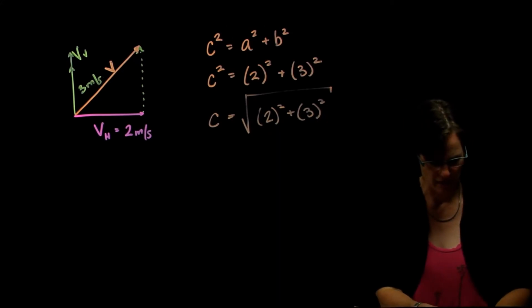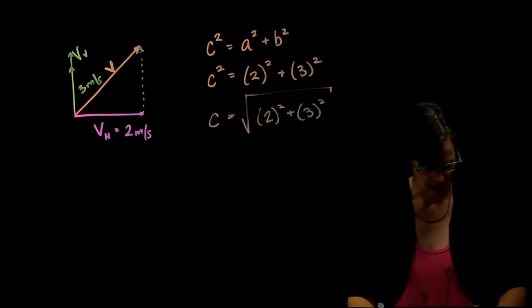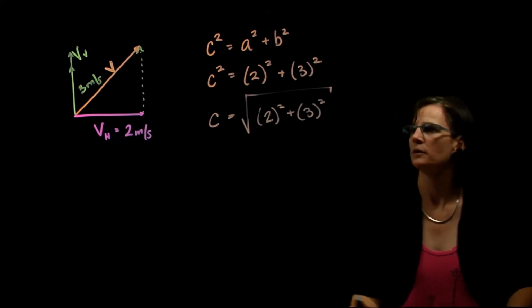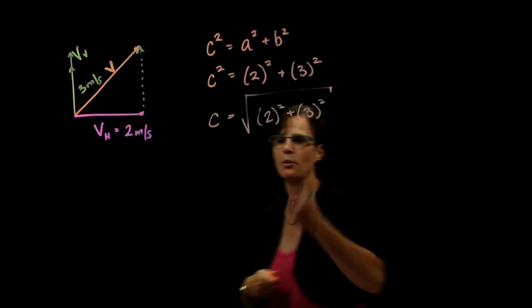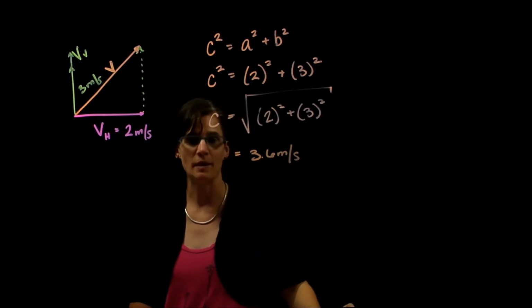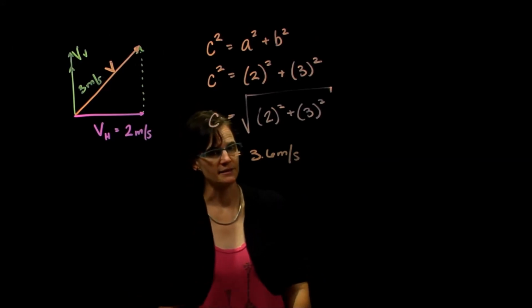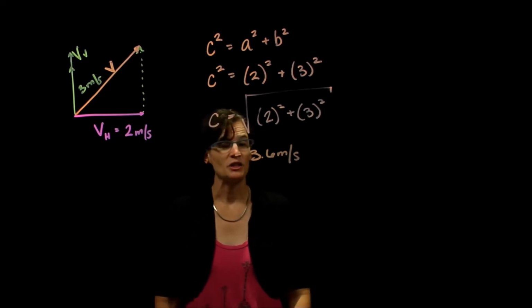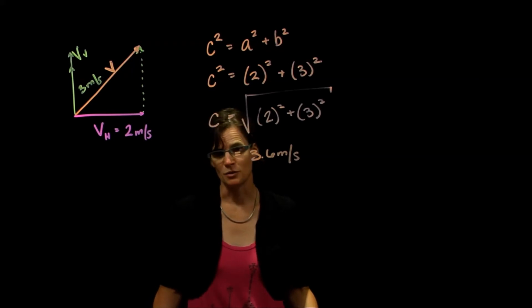Mathematically, that's 4 plus 9, which is 13, and the square root of 13 is 3.6. So in this example, the magnitude of my velocity is 3.6. That's just the magnitude. It just gives me the size. I don't yet know the direction.